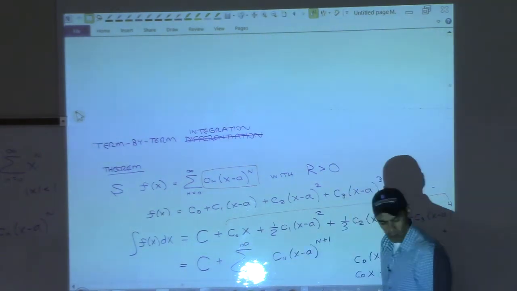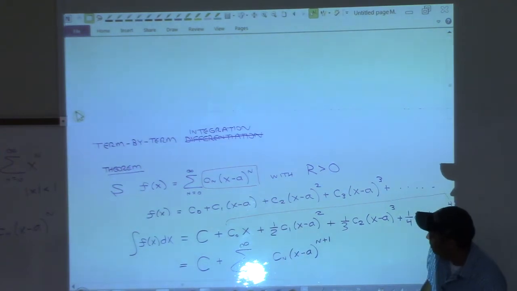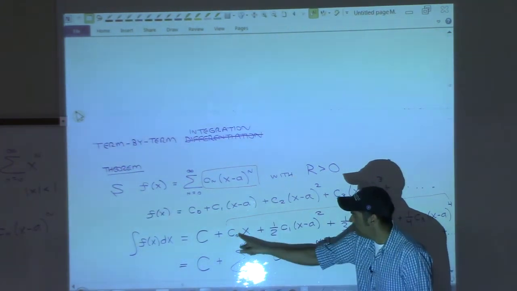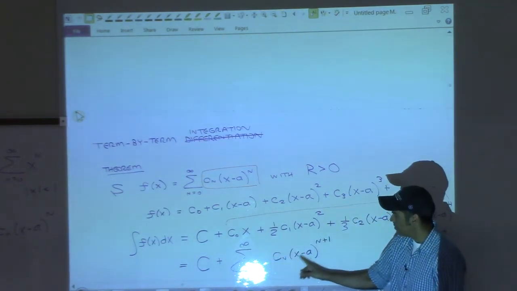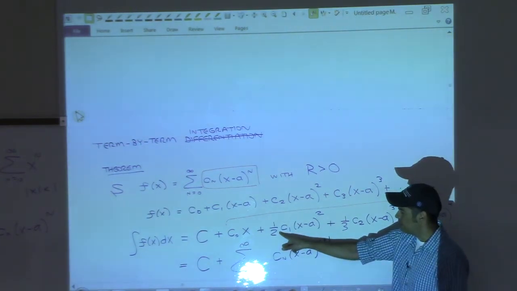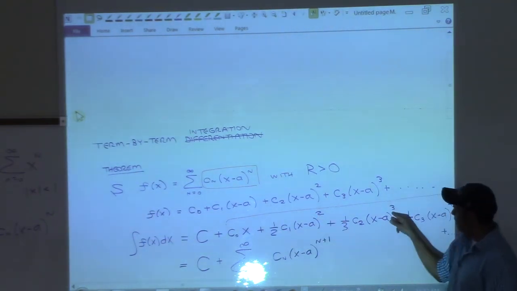Now, what about the next piece? If I plug in 0, we said we're good, right? If I plug in 1, let's see if we get this. C sub 1, x minus a to the 2, yes, but what about that? That's not there. So I need that to be 2 here, but that's the same as the power there, right? This 3 is that power, this 4 is that power.